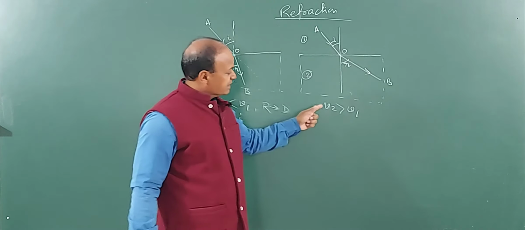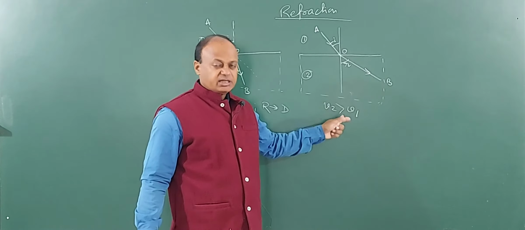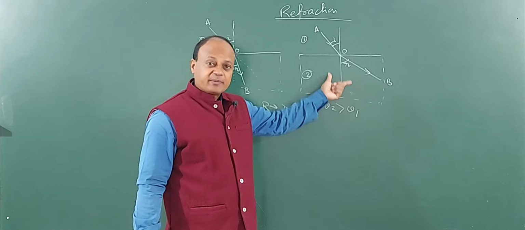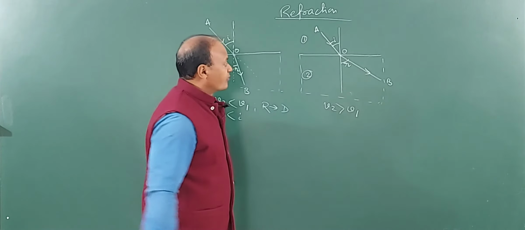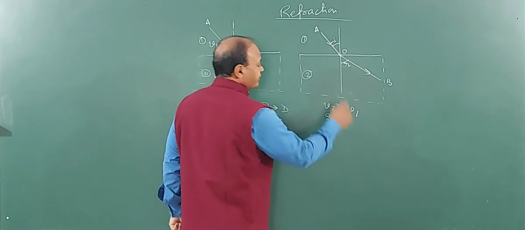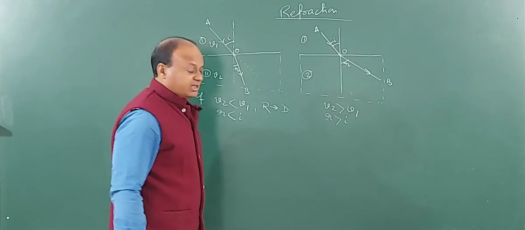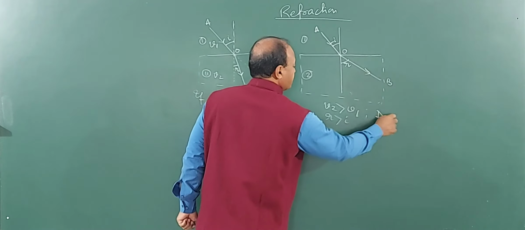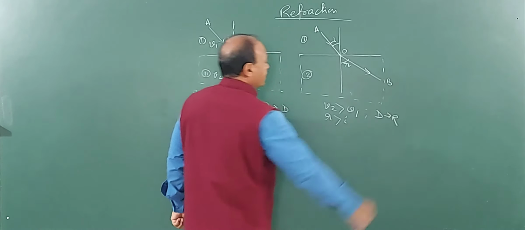So if the velocity in the second medium is increasing, then we will say the second medium is rarer compared to the first medium, and then angle of refraction will be more than angle of incidence, and we will say in this case the light ray is going from denser medium to rarer medium.